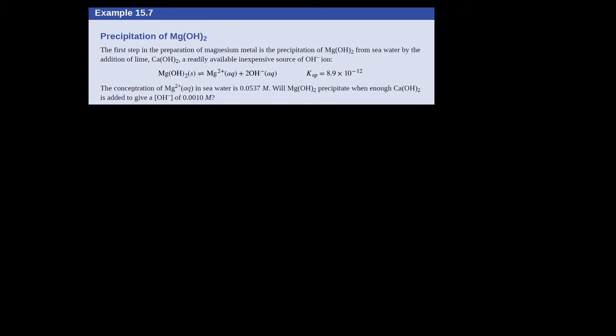The concentration of magnesium 2+ in seawater is 0.0537. Will magnesium hydroxide precipitate when enough calcium hydroxide is added to give an OH- concentration of 0.001? So our OH- concentration is 0.001 molar.